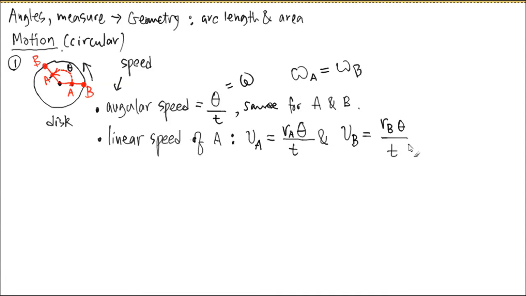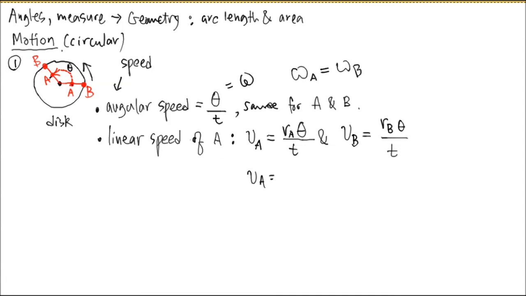So if there's a circular motion like this, there are two speeds involved, angular speed and linear speed. Right? Drawing the picture yourself like this will definitely help you to distinguish these two ideas. And here's the formulation algebraically. So here's an important formula.